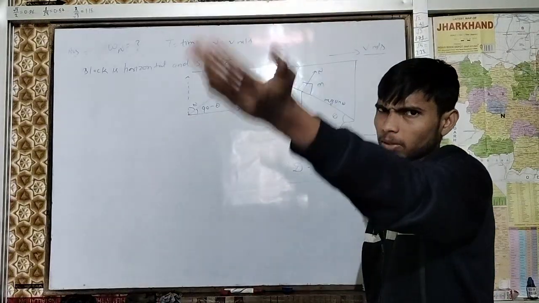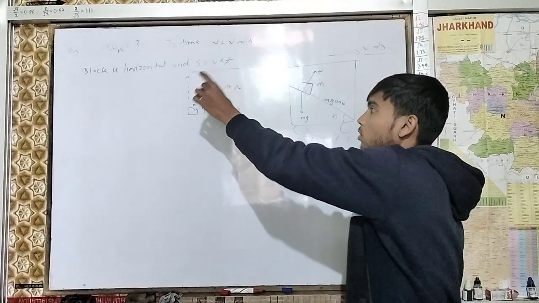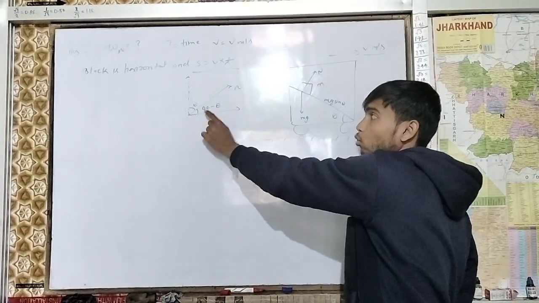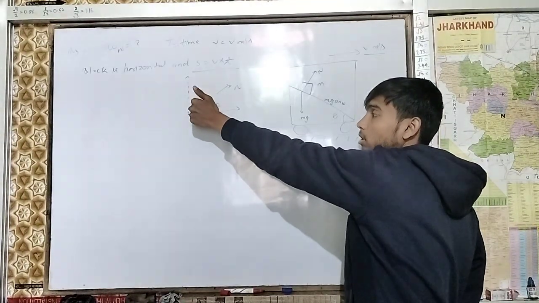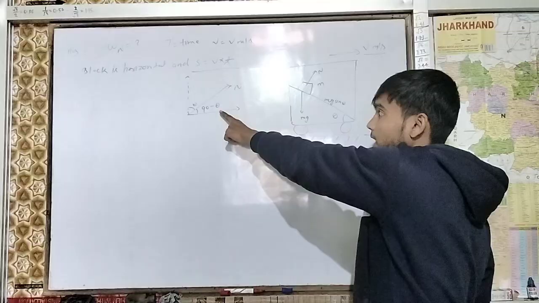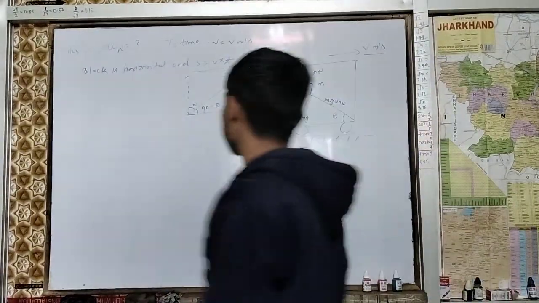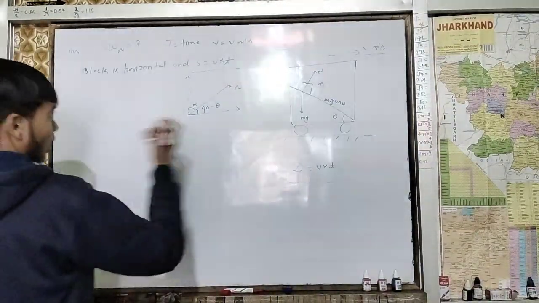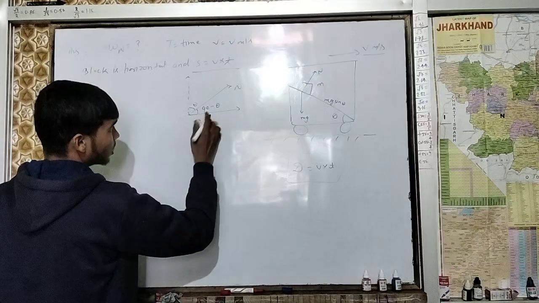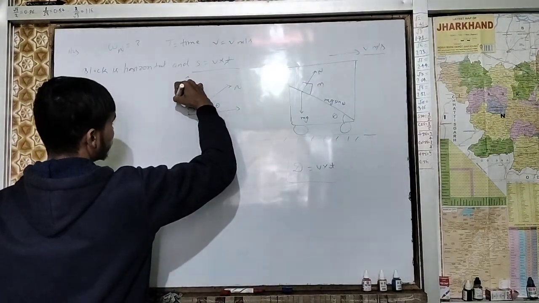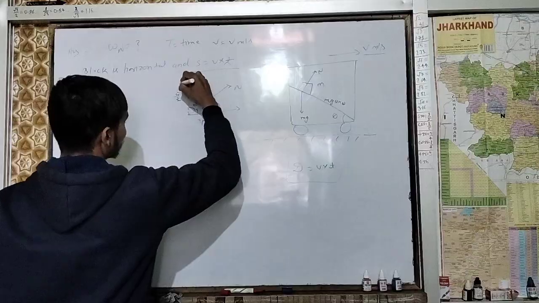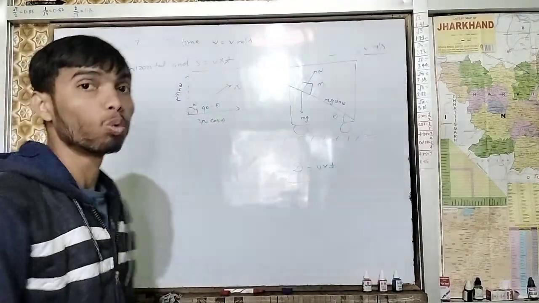Let's say theta would be 30 or 60. Of course, to get this angle, we subtract theta from 90. So 90 minus theta. And you also know this is nothing but N cos theta, N sin theta.